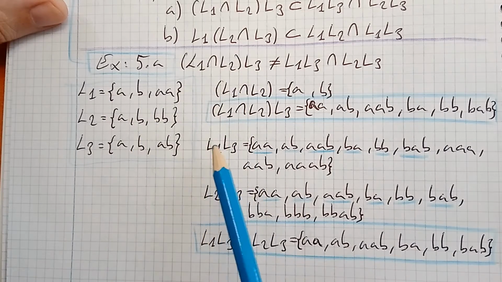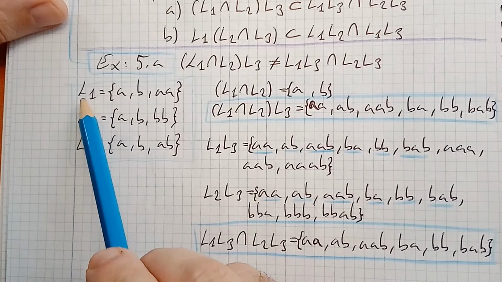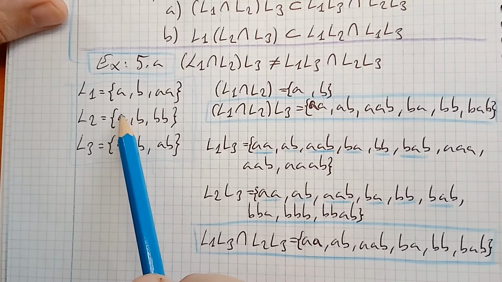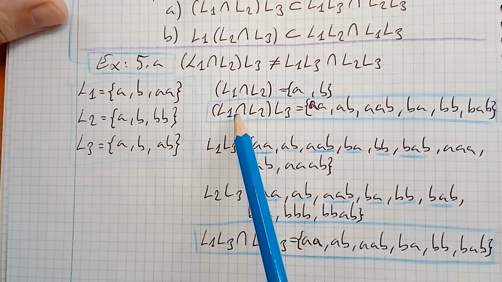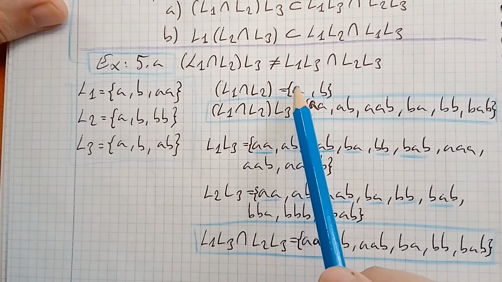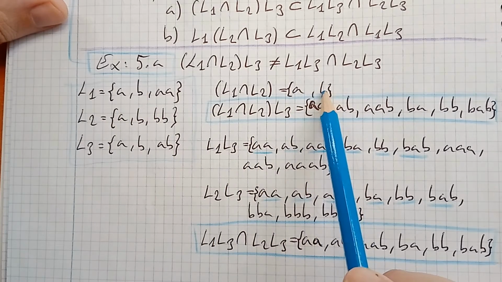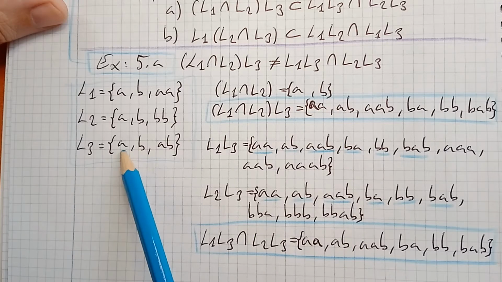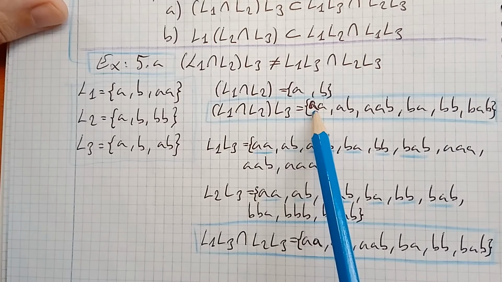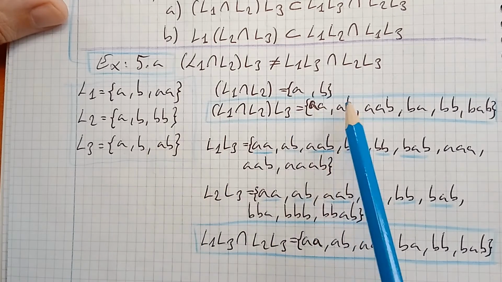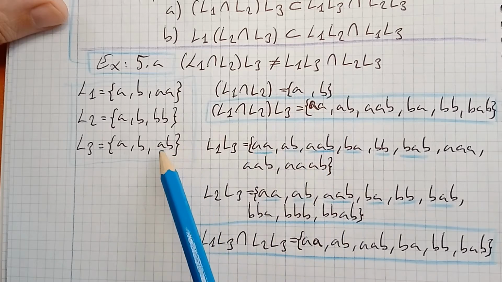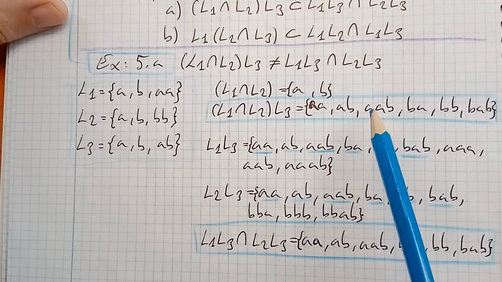L1 intersection L2: L1 and L2 have in common A and B. So the concatenation of A, B and the third language is like this: AA, AAB, ABA, ABAB, and so on.